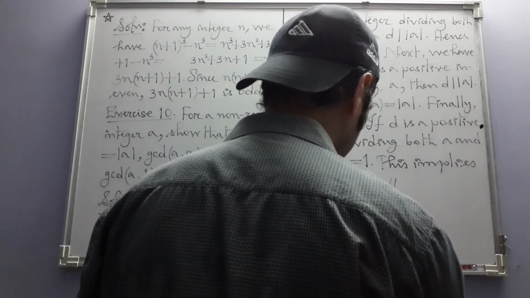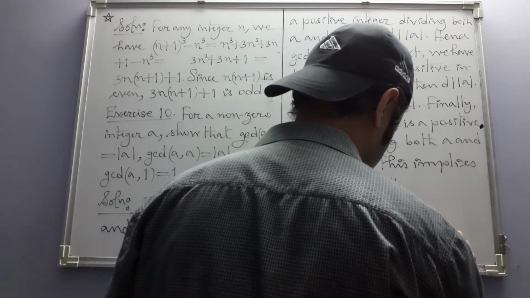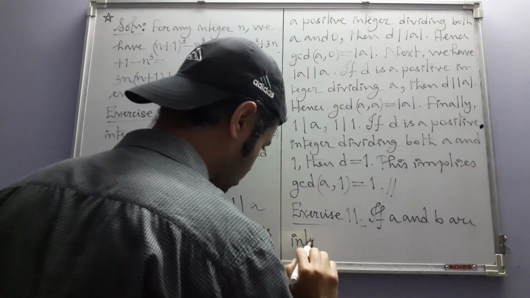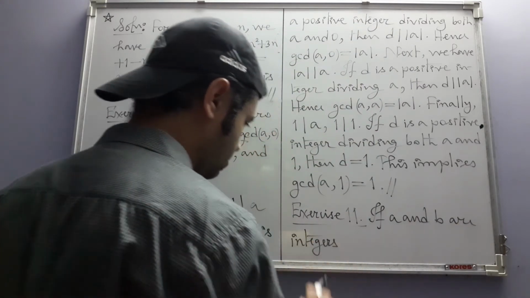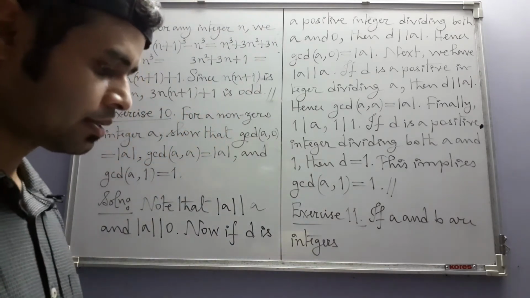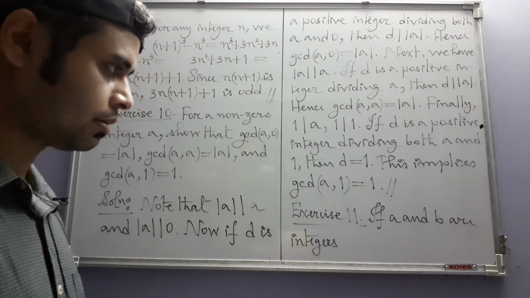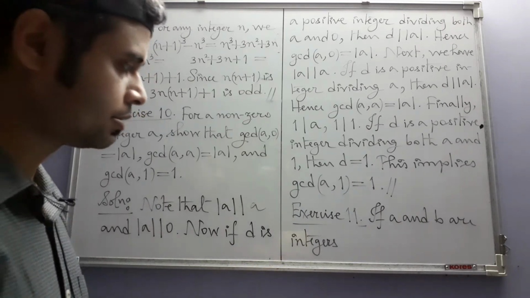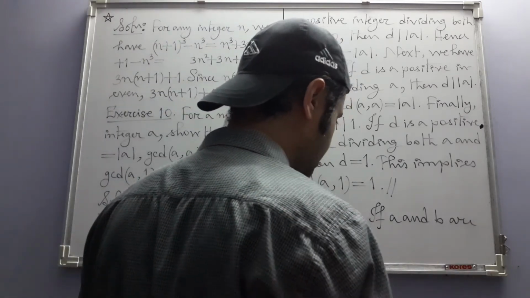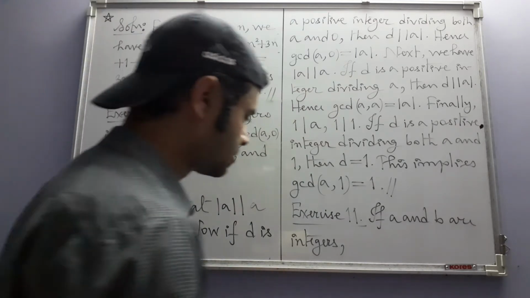If A and B are integers, okay, in the exercise it's just simply said that if A and B are integers, then this and this happens, but I am putting this extra condition that at least one of which is non-zero, so that GCD exists.